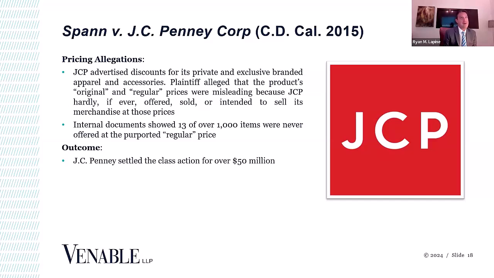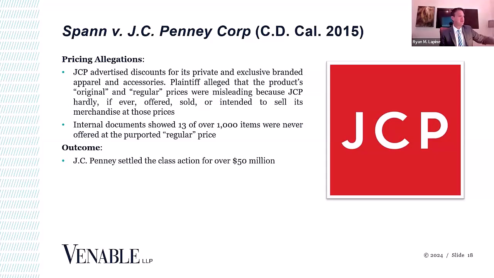So if you're selling 499 units at a sale price, and you're selling 1 unit for regular price, that's just not a sale price. And particularly problematic in this case, I think, was the fact that they were using store labels. So these aren't items that you could buy at Sears or at Dillard's or at another retailer. JCPenney really set the market.